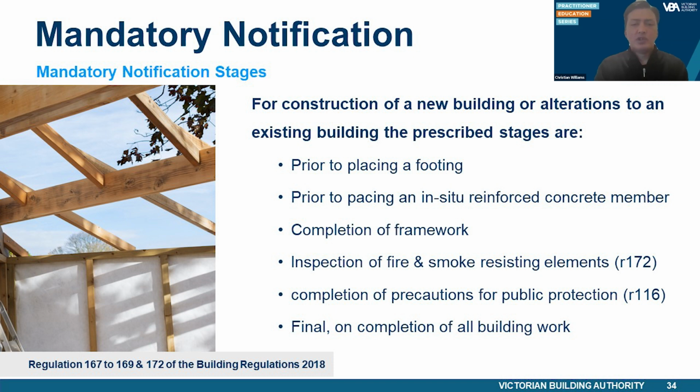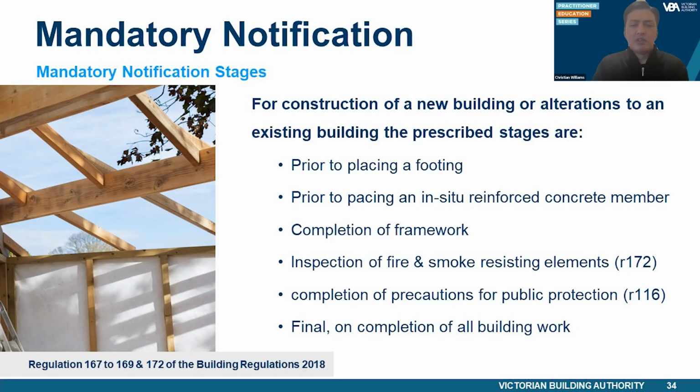Reg 172 requires additional mandatory inspections in each story of a Class 2, 3 or Class 4 part of a building, for lightweight construction required to resist the spread of fire in at least one sole occupancy unit, one of each stair shaft, lift shaft or service shaft of lightweight construction required to resist the spread of fire, the components and junctions of the building elements I just mentioned.